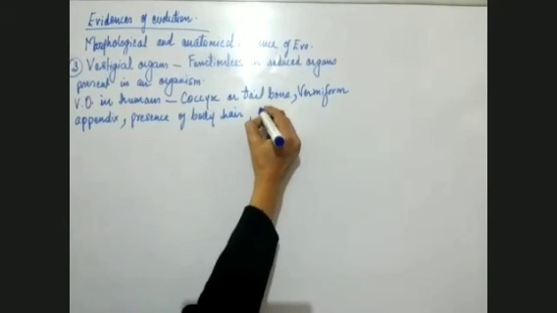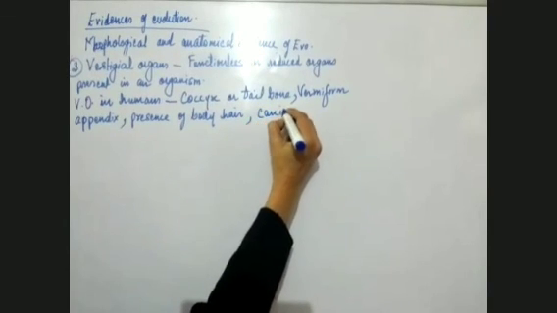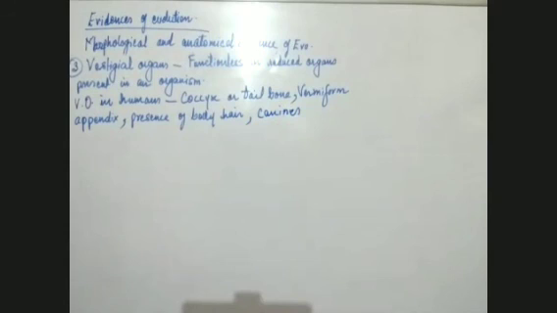Then canines were very prominent before, when man used to feed on raw flesh. Then slowly their size decreased. But still we have canines, though they are not that prominent.